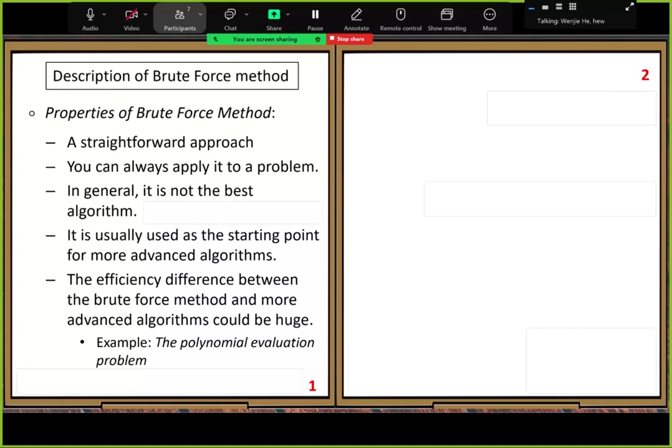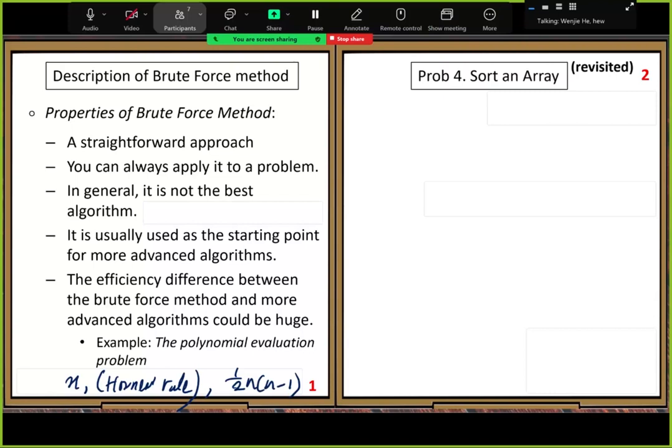These two functions: if you apply Horner's rule, you get n. But if you apply the brute force method, 1/2 n times (n minus 1). That's the difference.